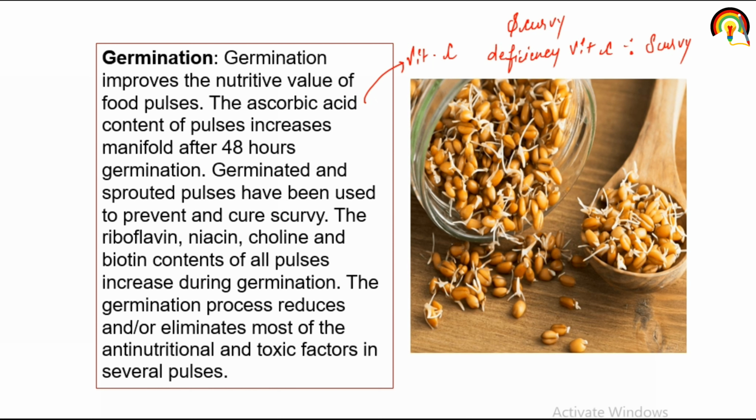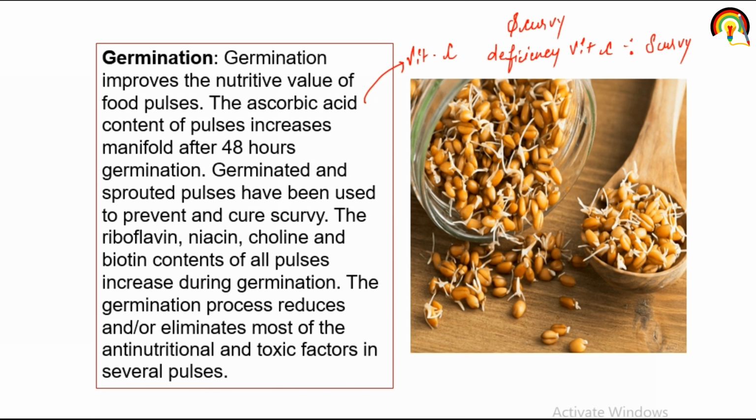The germination process reduces or eliminates most of the anti-nutritional and toxic factors in several pulses. So that's why germination is necessary. First step, we dip our pulses in water for 24 to 48 hours, which reduces anti-nutritional factors present inside the pulses and makes them compatible for consumption. Second is germination.